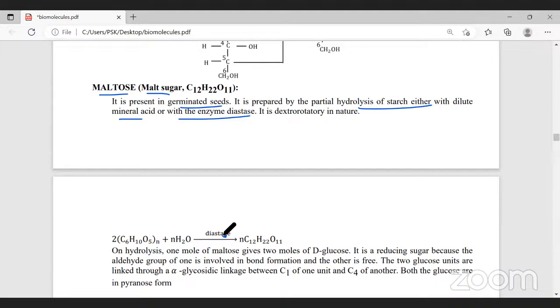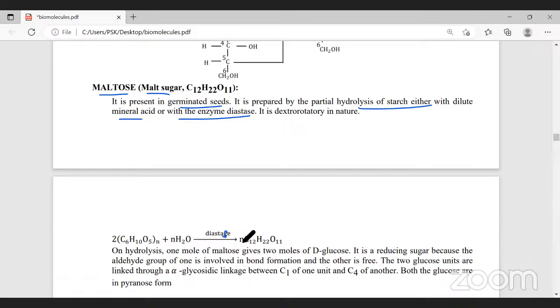Diastase is an enzyme which hydrolyzes maltose into glucose units. So maltose on hydrolysis gives two glucose units.